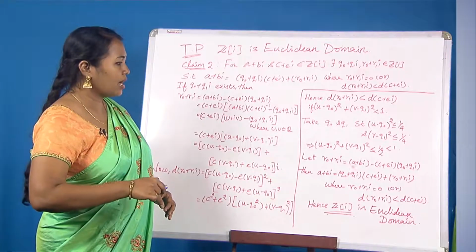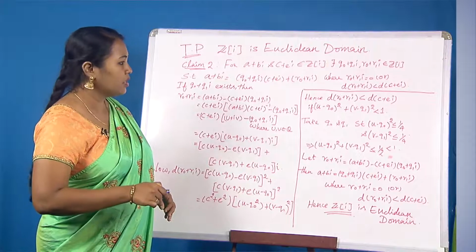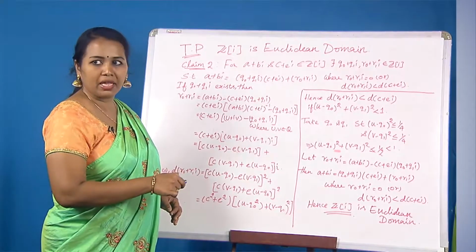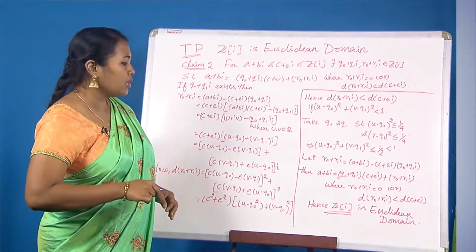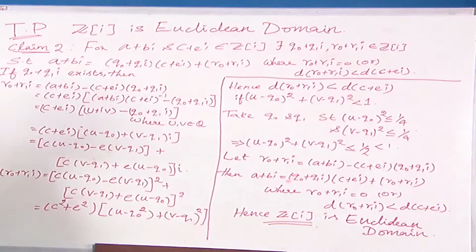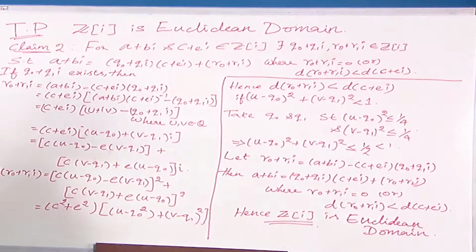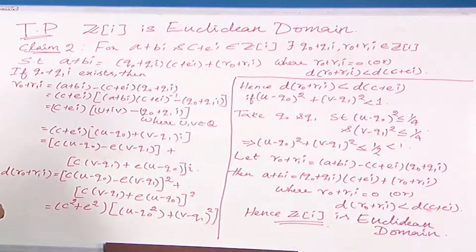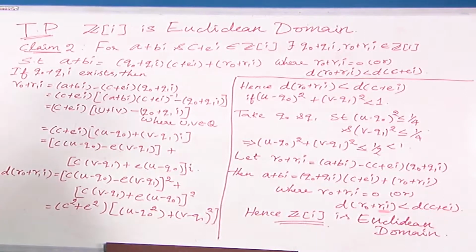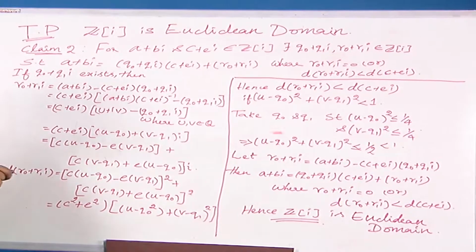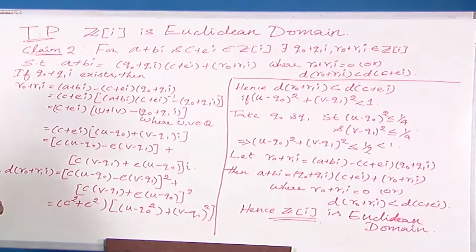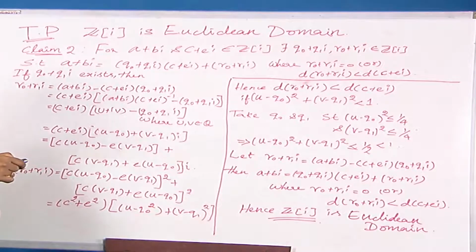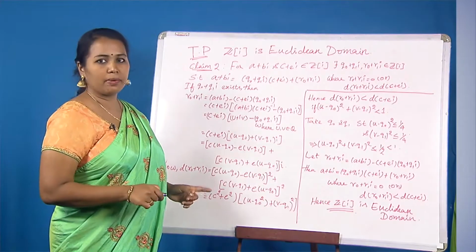Here r0 plus r1 i, you know about a plus ib, you know c plus ei, q0 plus q1 i, we have shown how to pick them, and therefore they can be picked in such a way that r0 plus r1 i is equal to 0 or d of (r0 plus r1 i) is less than d of (c plus ei). So we have chosen all these terms in such a manner that this particular statement becomes true, thereby proving our claim. So we have already proved one part of the claim.